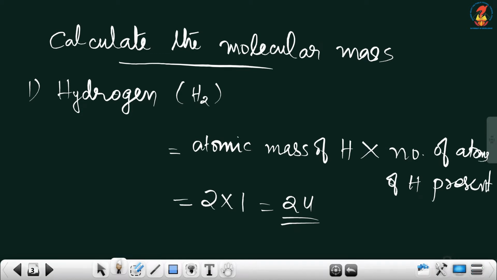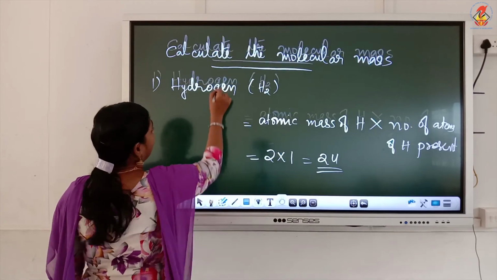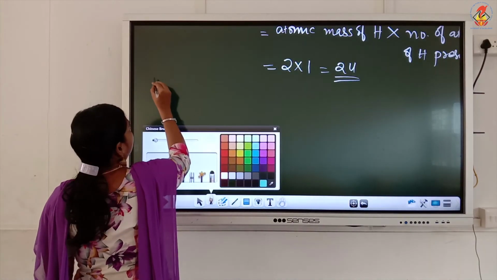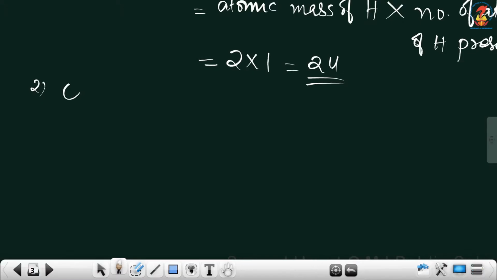Then we can take another example, chlorine. How to calculate the molecular mass of chlorine gas? The chlorine molecule is written as Cl2. How many atoms are present in one molecule of chlorine? 2 atoms.